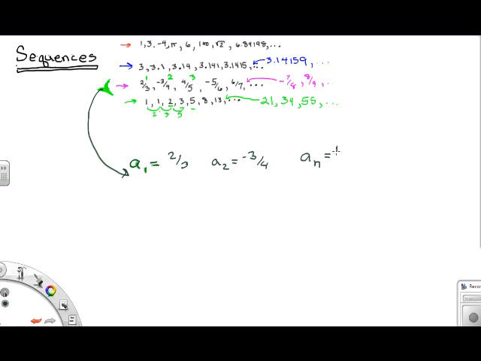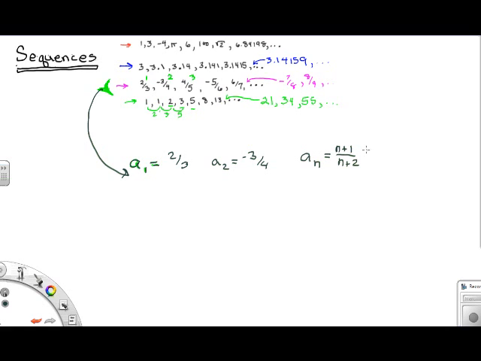So I'm going to get n plus 1 over n plus 2. But how do I get it so it alternates? How am I going to tell whether it's positive or negative? Well, you can kind of see the even ones are negative, right? So if I look at the 500th term, it's going to be 501 over 502. And since 500 is even, that's going to be a negative term.